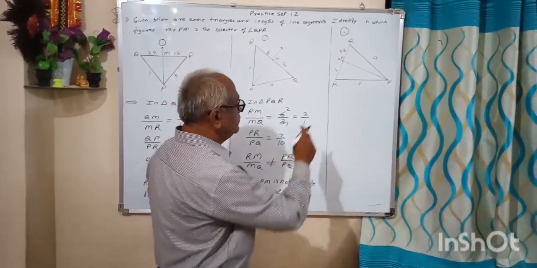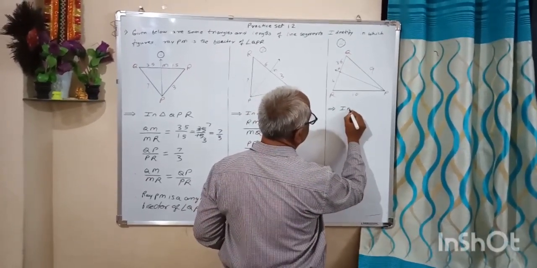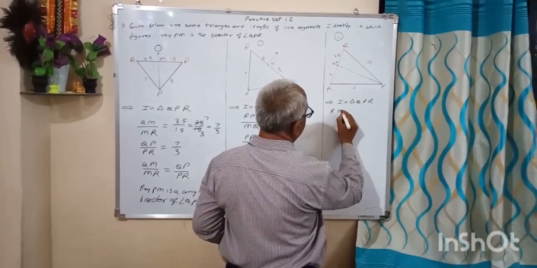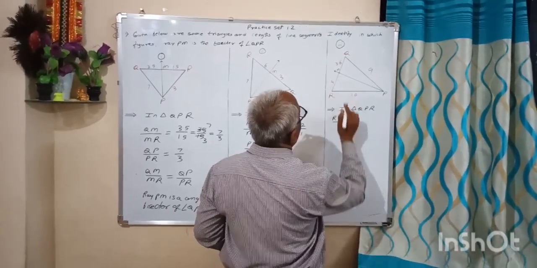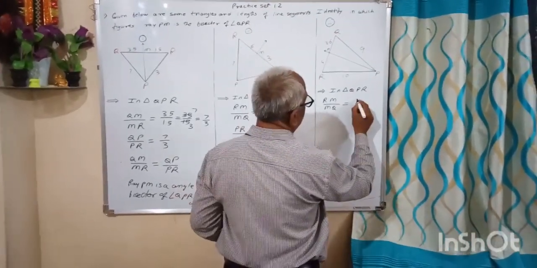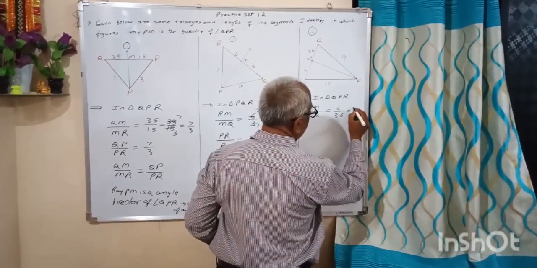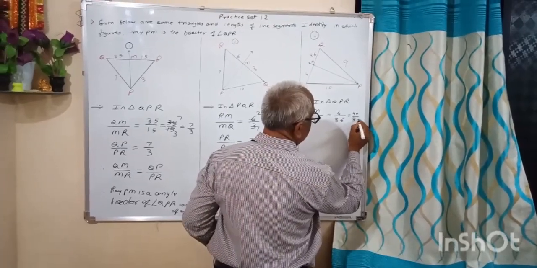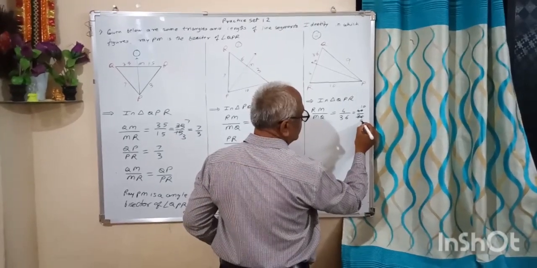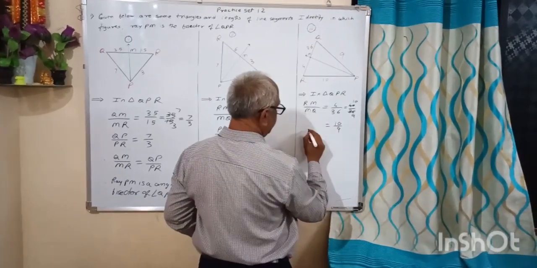Now the third example. In this third example, in triangle QPR, RM upon MQ is equal to 4 upon 3.6, which is equal to 40 upon 36. 4 10s are 40, 4 9s are 36, which is equal to 10 upon 9.